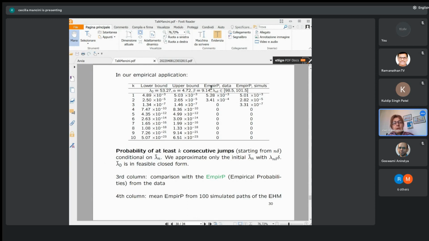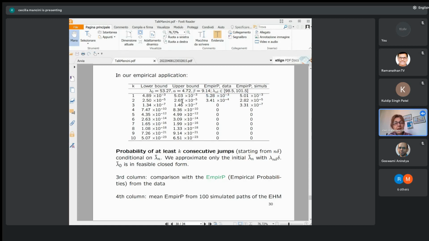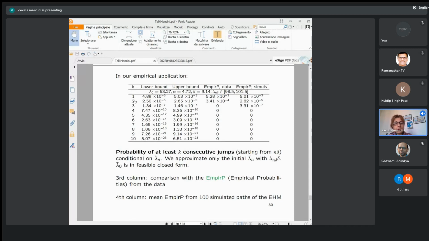We see in this column the empirical probability obtained from our data, the empirical probability of having one jump, the empirical probability of having at least two consecutive jumps, and so on. In the last column, we see the empirical probability computed from simulations of an exponential Hawkes process.